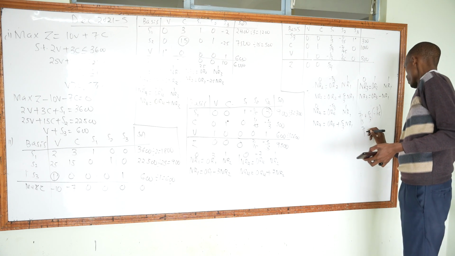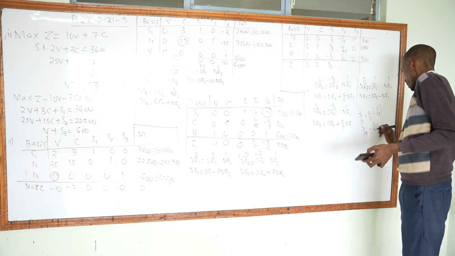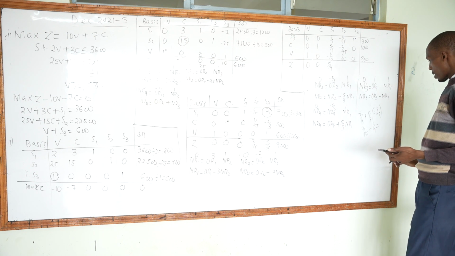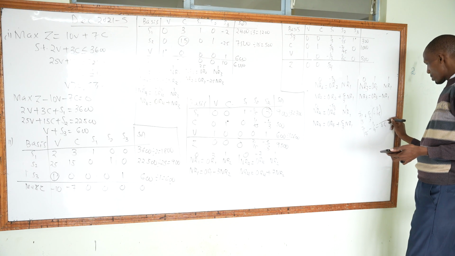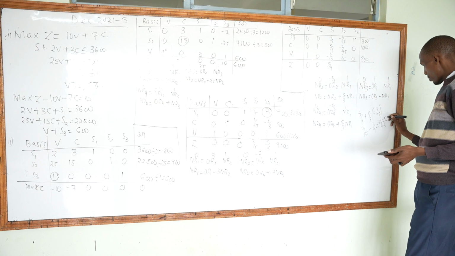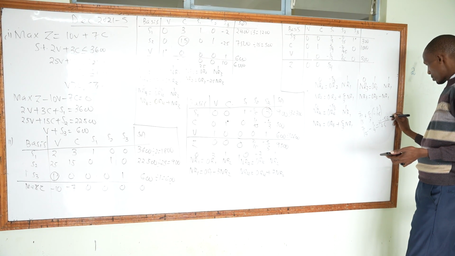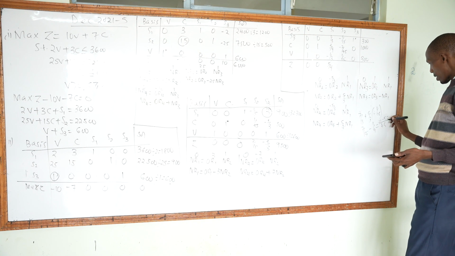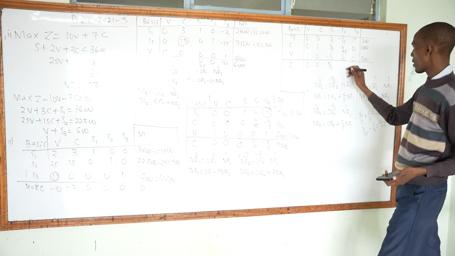That one is 7 over 15 minus 1 over 9. So this one we can say 45 as the common denominator: 3 times 7 is 21 minus 5, you get 17 over 45.